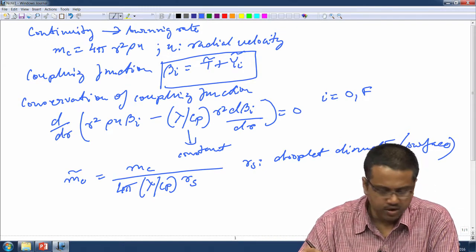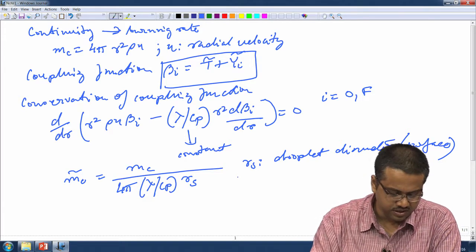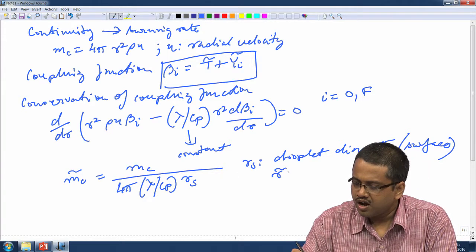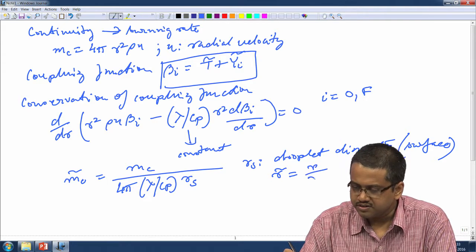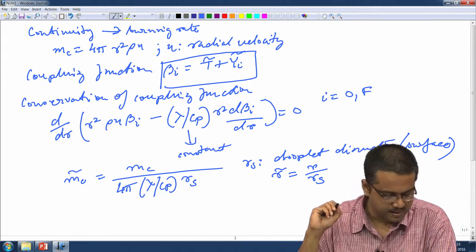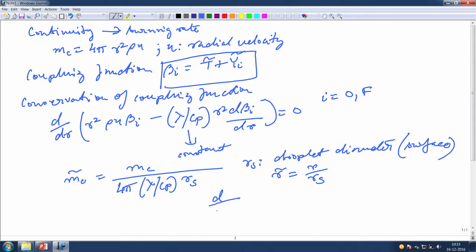Using the non-dimensional variables, where r tilde you can define as r by Rs, we can write d by dr tilde of m_c tilde beta_i minus r bar square d beta_i by d r tilde is equal to 0, where once again i is 0, O and F, basically the oxidizer and the fuel combined.